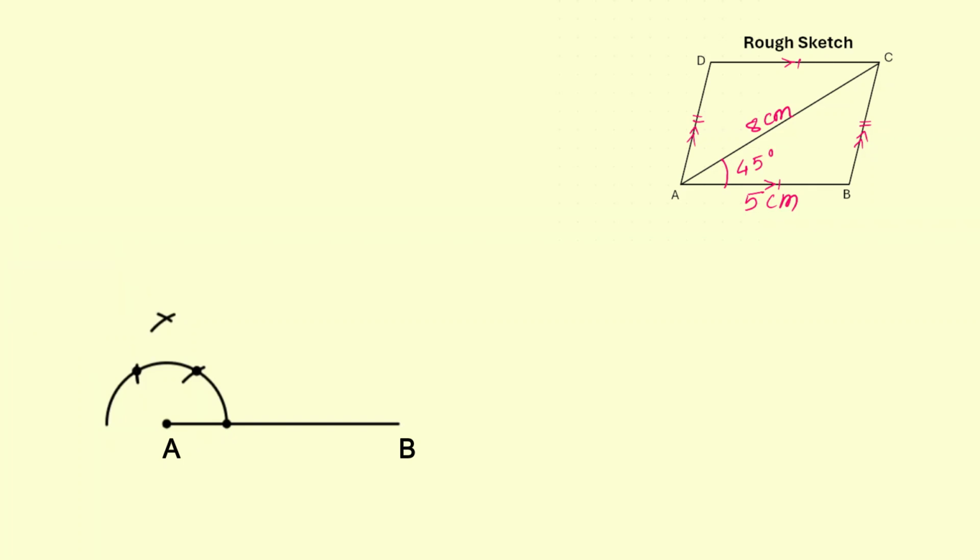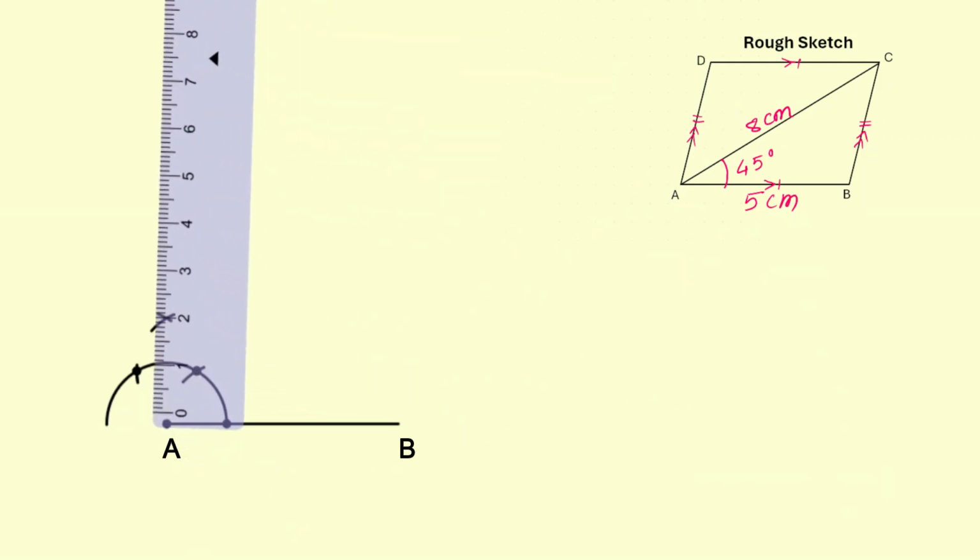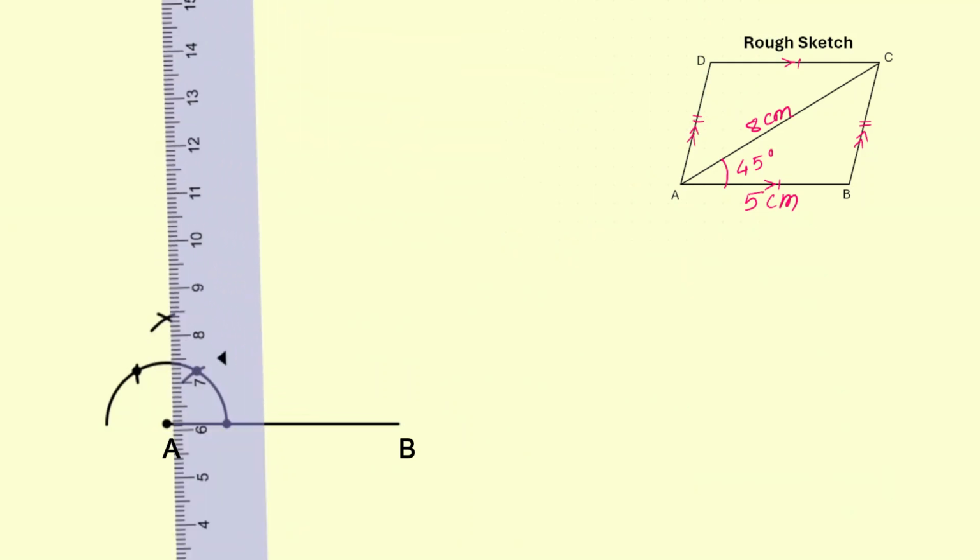In order to make 45 degree, I don't need the whole 90 degree line segment. I just need a reference point on this arc. So let me make that point using my ruler and pencil. I'm not going to make the whole line, I just mark here. So this is the point where 90 degree line passes through.